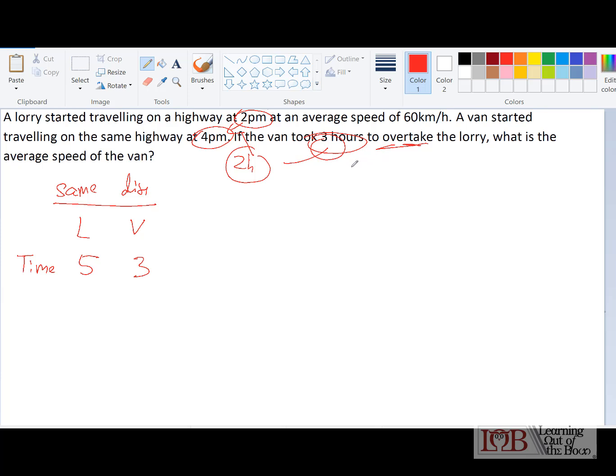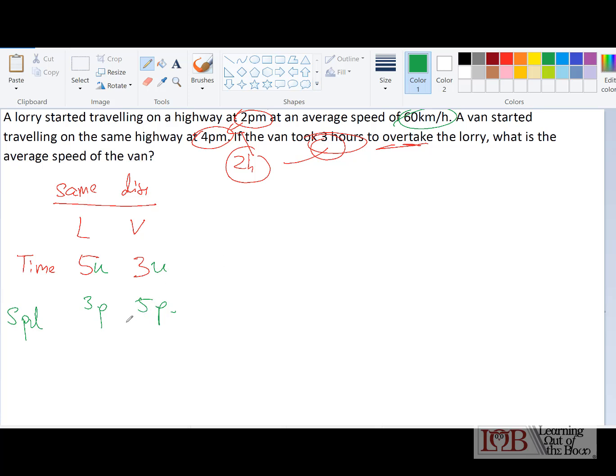Yeah, and you must also take note that the van actually traveled later. Okay, so in this case, we have 5u is to 4u. For speed, you know that is indirect proportion, so we have 3 parts to 5 parts. Okay, so what else can we do? Can you see the 60 km per hour?